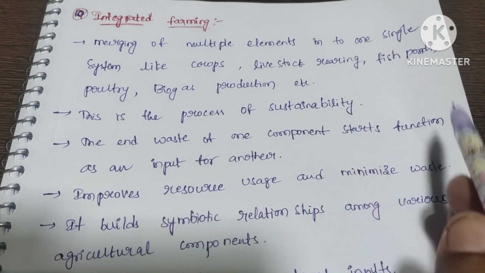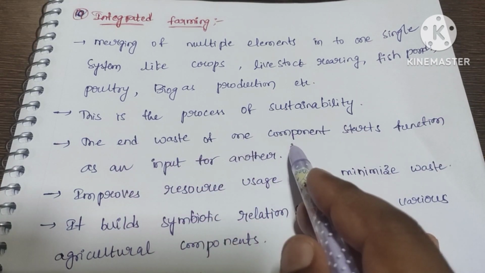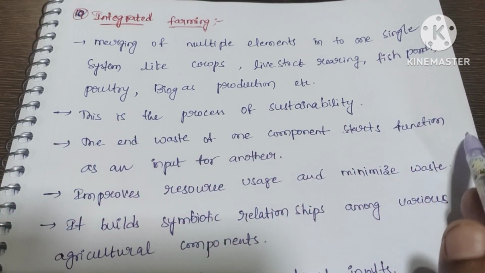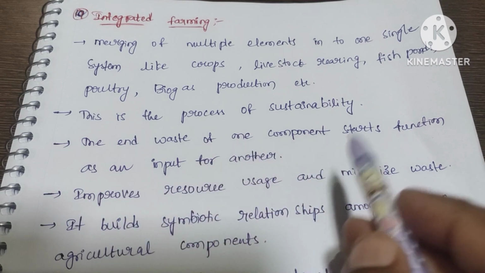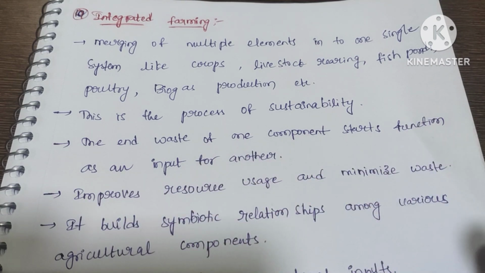This is the process of sustainability. The end waste of one component starts functioning as an input for another. This is the concept of end waste of one component. For example, when the harvest is completed for the particular crop, then the remaining stubbles on the land, we can use those stubbles for the feed purpose of animals.